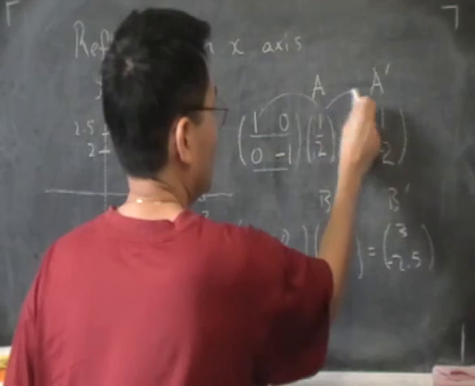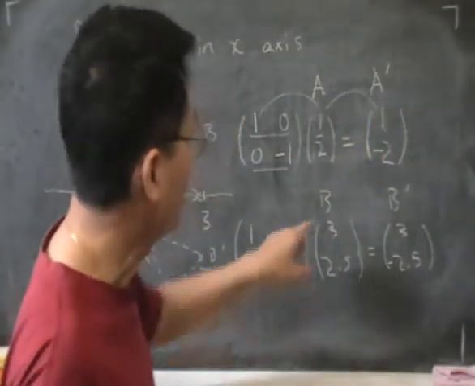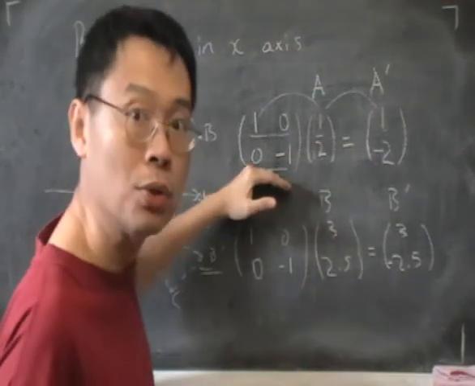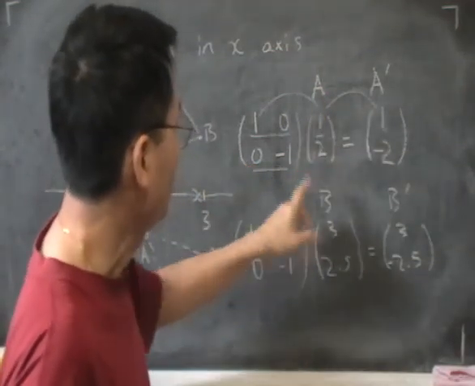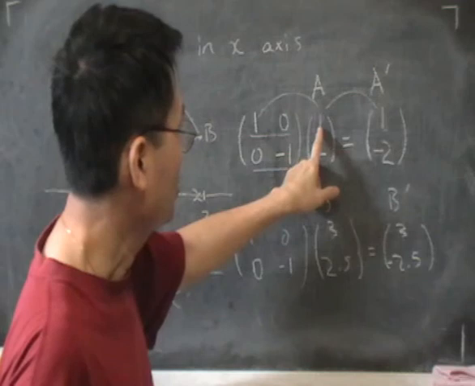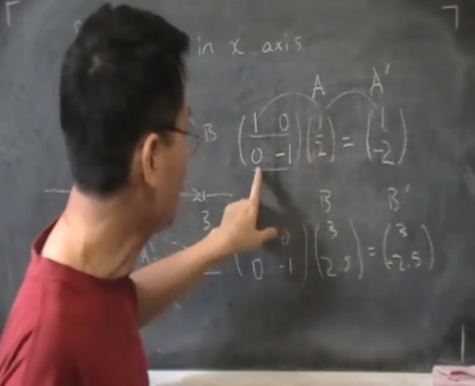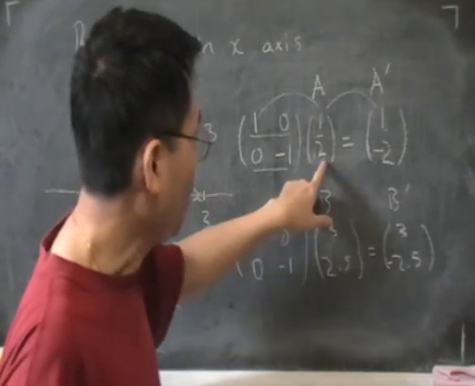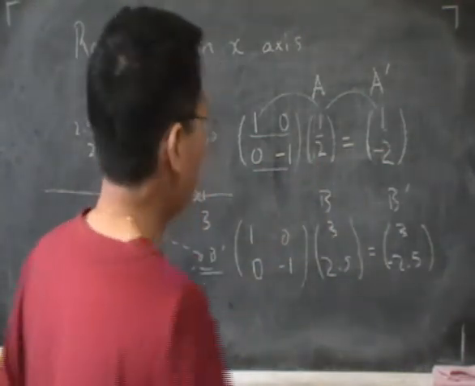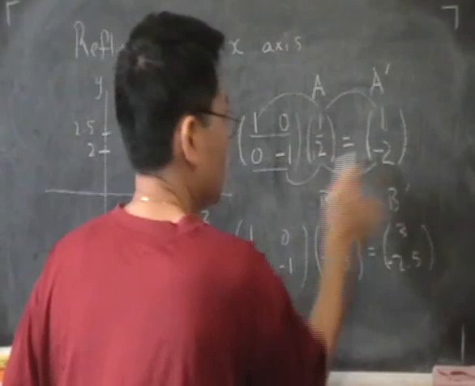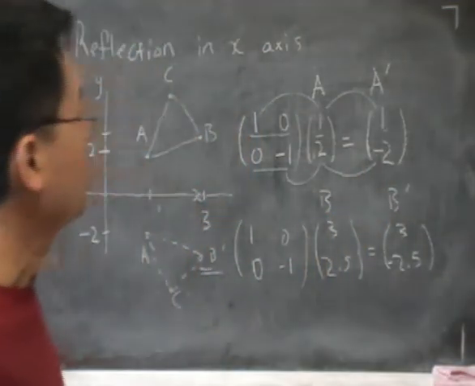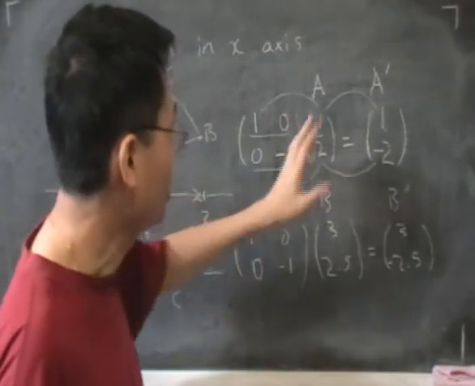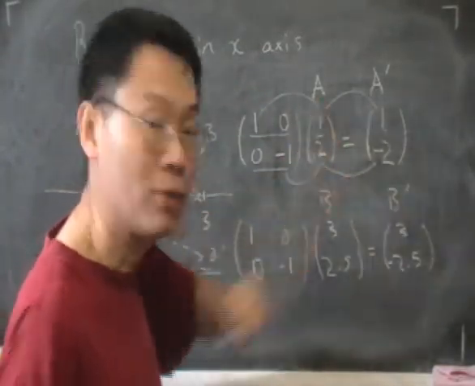Alright, that gives the new x value. And for the y value, I get it by multiplying the second row by the column. But the first number in the vector is always multiplied by 0. Okay, so I can ignore that. And the y value is always multiplied by a minus 1, which is why the sign is changed. So that's the effect that the matrix has on the x and y values.